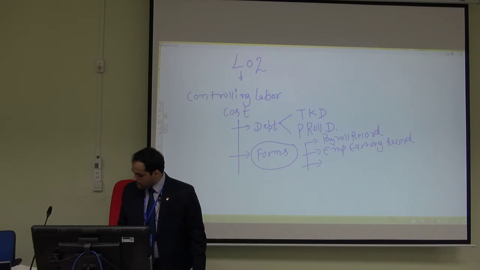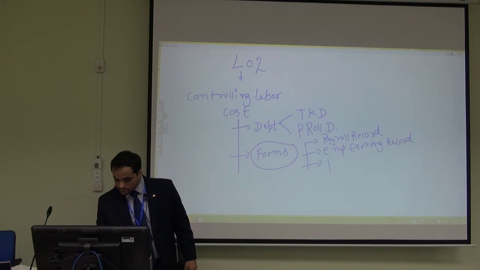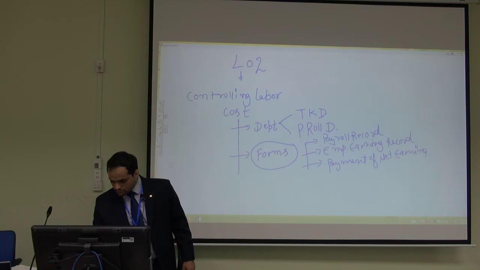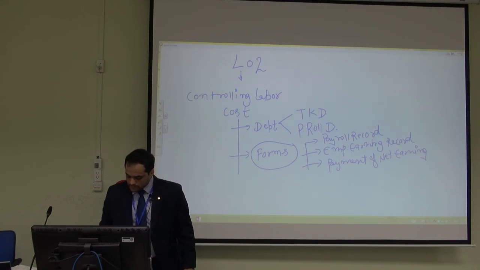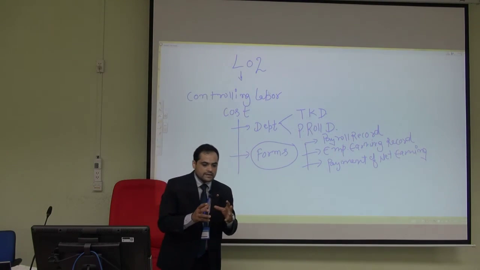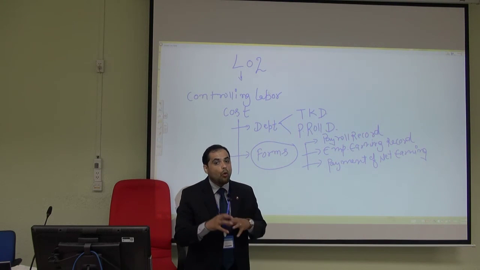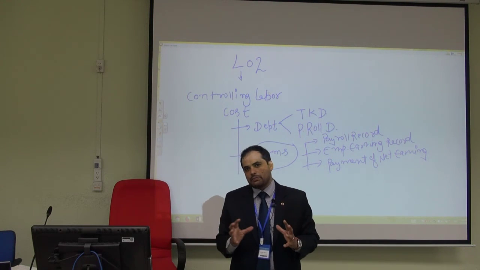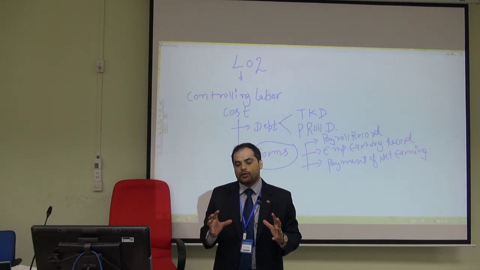And the third one is the payments of net earning. Alright? So the payroll record is basically the summary of all the workers working in their department.